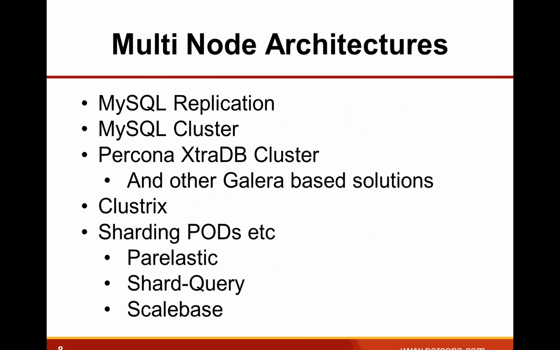In the MySQL space, there are a lot of very prominent users such as Facebook, which are using this technology very successfully. Now, you can either do it manually, or there are a number of other solutions which can help you to automate some of those.